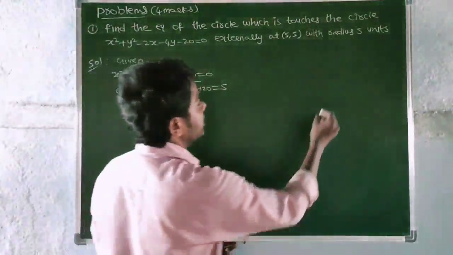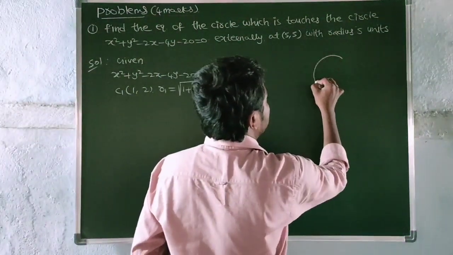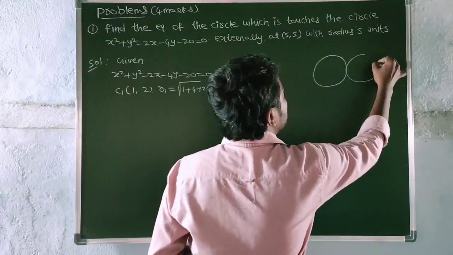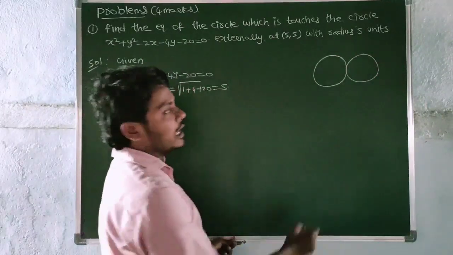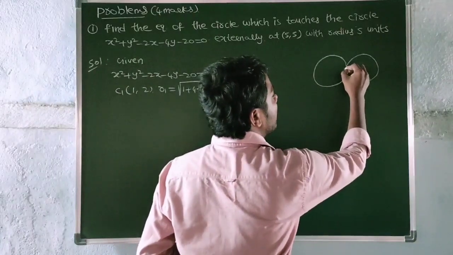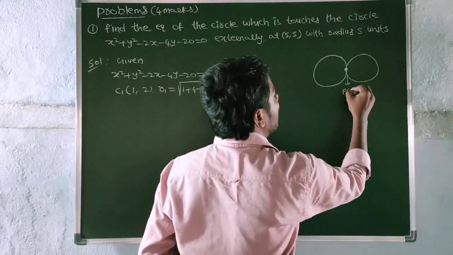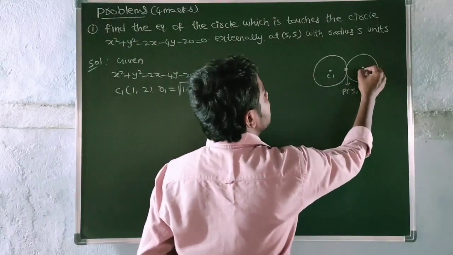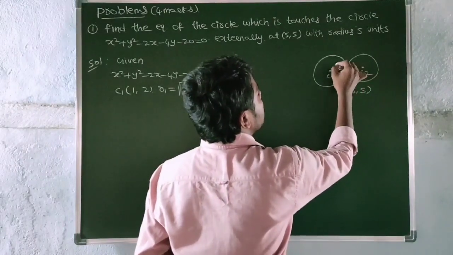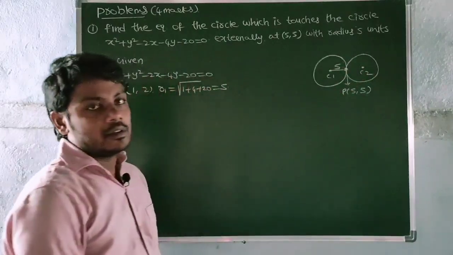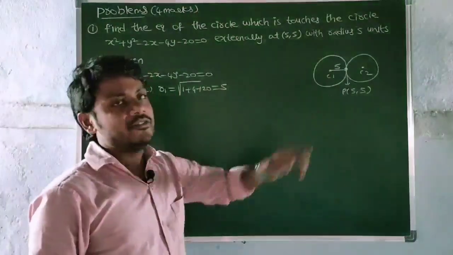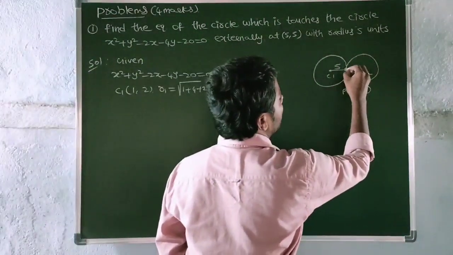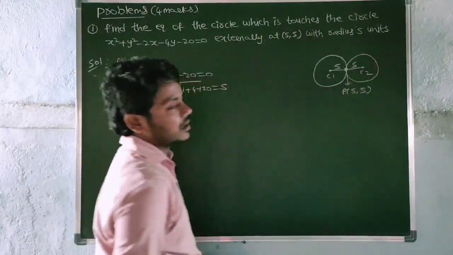So therefore, given that two circles touch externally at point (5, 5). This is C1, this is C2. So clearly the radius of the first circle is 5 and the radius of the second circle is given, that is also 5.